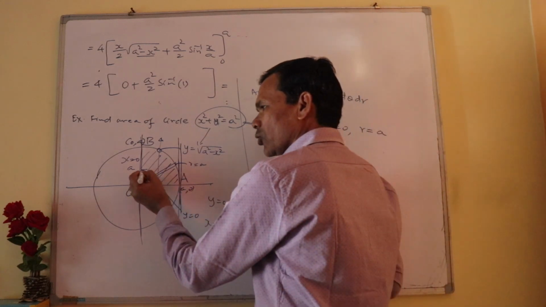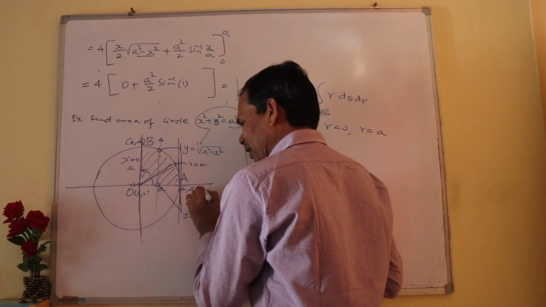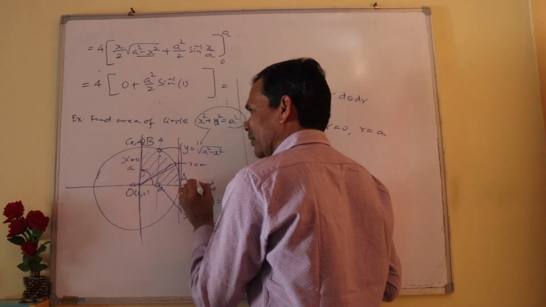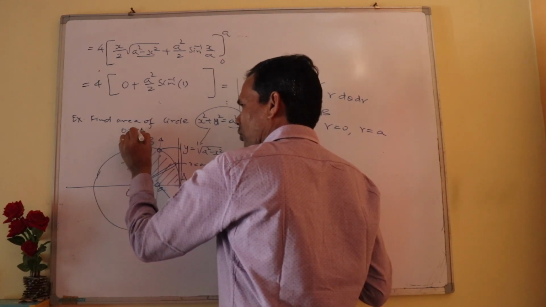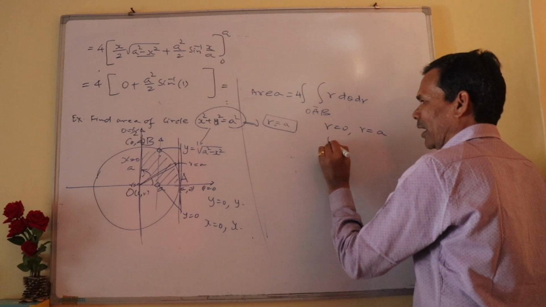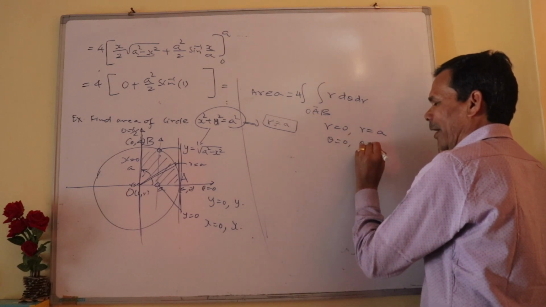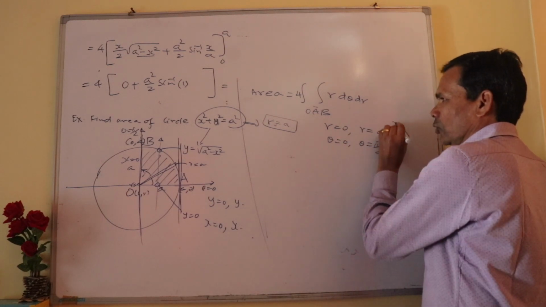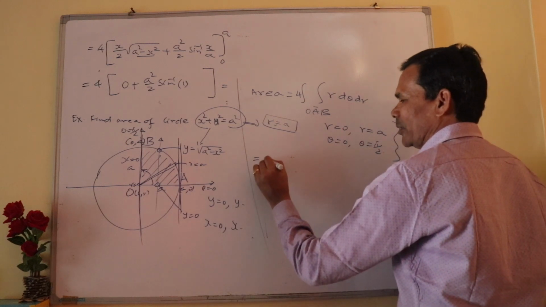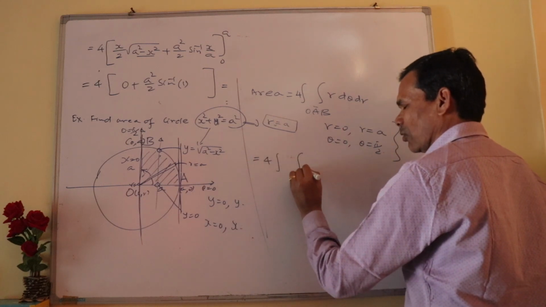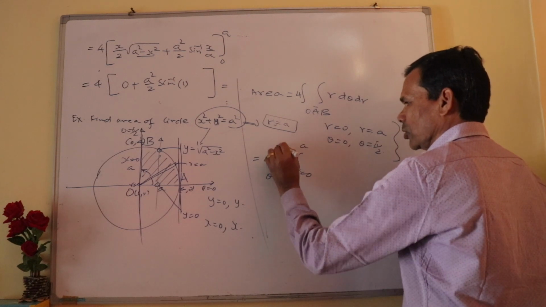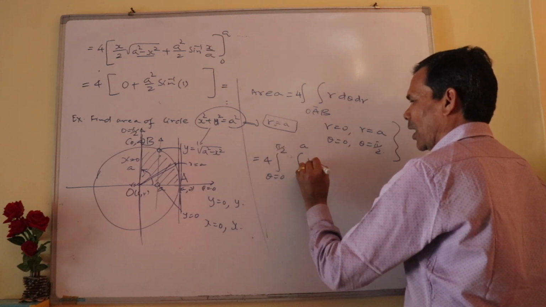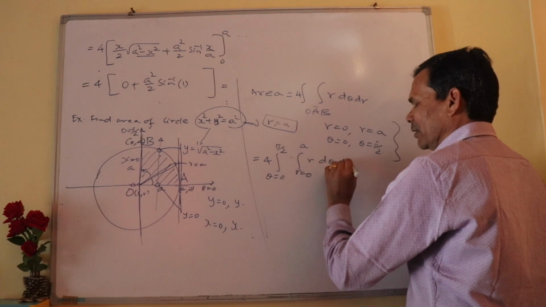This line is theta equal to 0, in fact the x-axis, and this line is theta equal to pi by 2. So the limits for theta are 0 to pi by 2. In polar coordinates the answer would be the same: r from 0 to a, theta from 0 to pi by 2, r dθ dr.